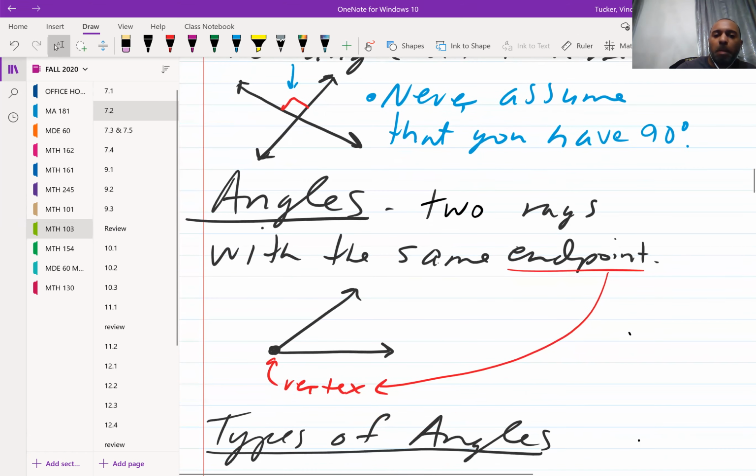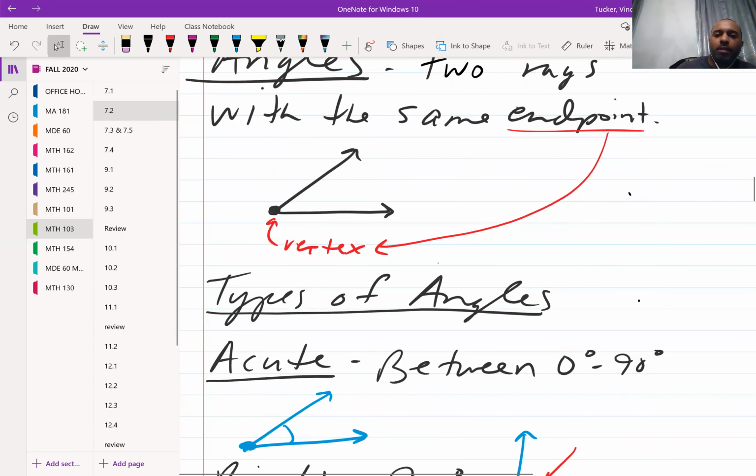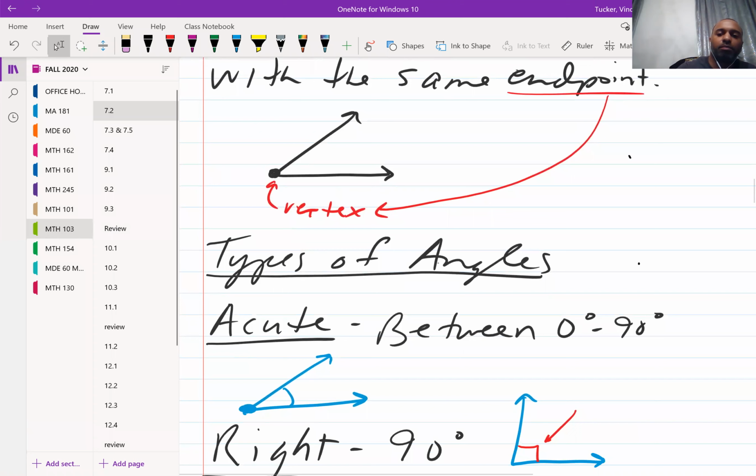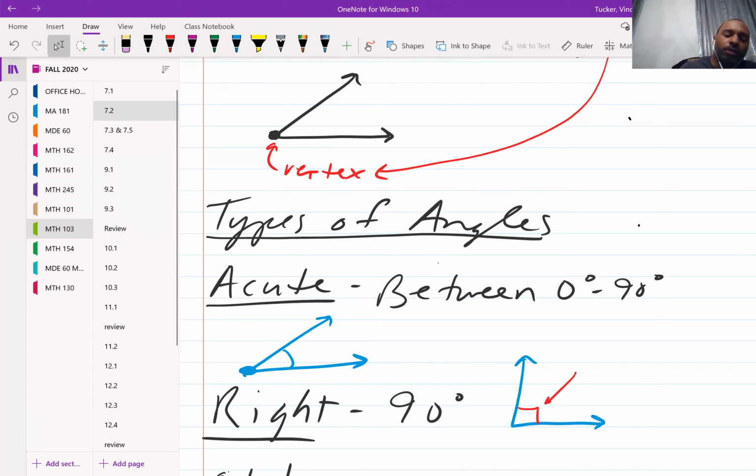All right. There are four basic types of angles. An acute angle is between 0 and 90 degrees. A right angle is exactly 90 degrees.